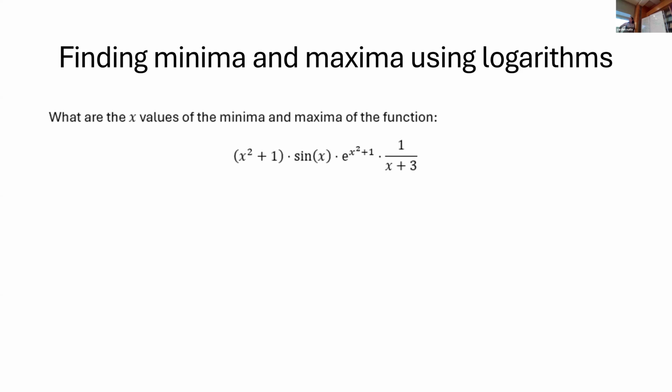Can we do the last one? Yes, right, so let's have the ln of 1 over x plus 3. So this is 1 over x plus 3, and this equals x plus 3, right?